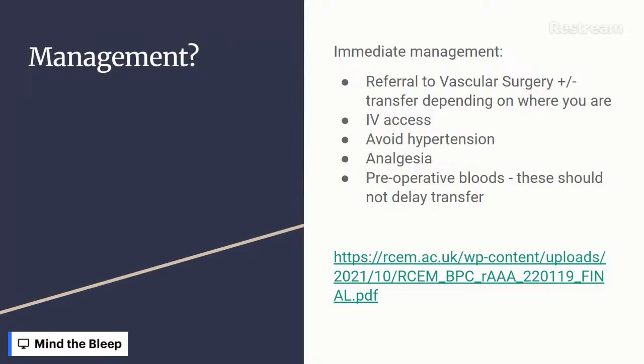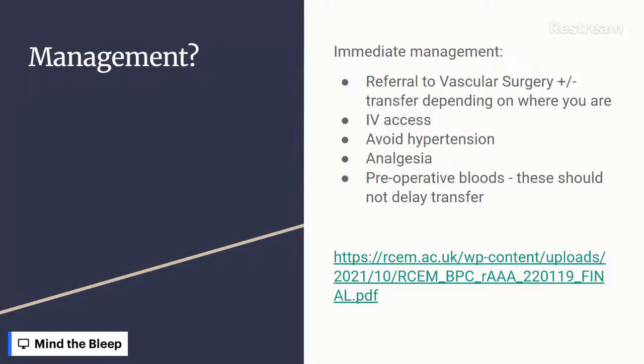Of course, something really important is that you want to get instant IV access with large bore cannulas into this patient. This patient will be losing his circulatory volume, and so that needs to be topped up. If it's not, then he'll go into a state of hypovolemic shock, and it could be fatal.